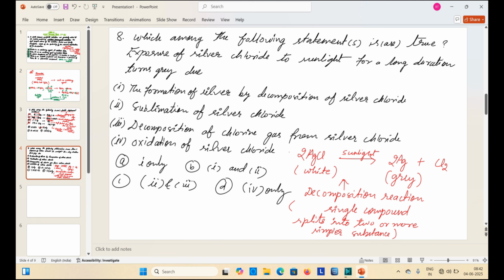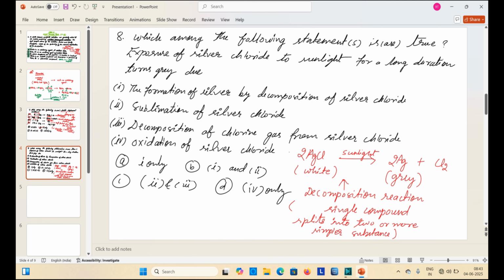So here a single compound, which is white in color, silver chloride, in the presence of sunlight decomposes into silver and chlorine. So here you are finding that from the single compound we are getting two or more simpler substances, hence it is a kind of decomposition reaction.